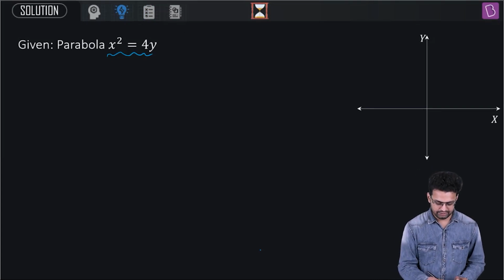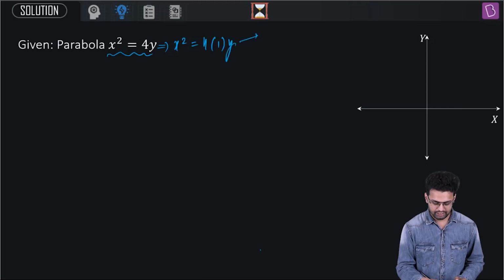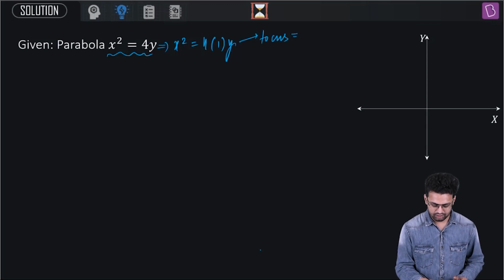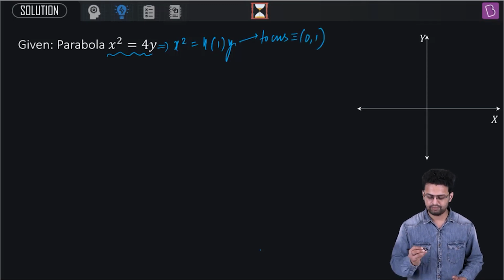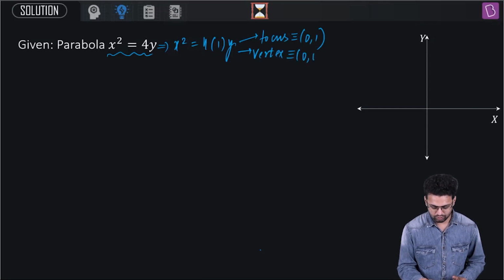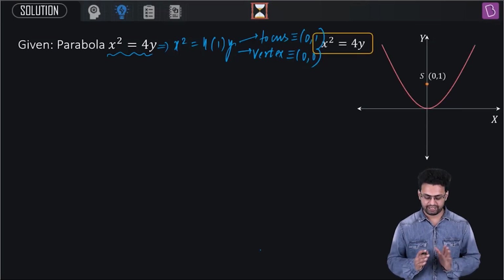Now, moving to the solution part, we have this parabola x square is equal to 4y, right? We know that this can further be written as x square is equal to 4 into 1 into y. Exactly. So that means it's a parabola whose focus lies at 0 comma 1 and its vertex is at 0 comma 0, right? So if I draw the parabola, it will look like this.